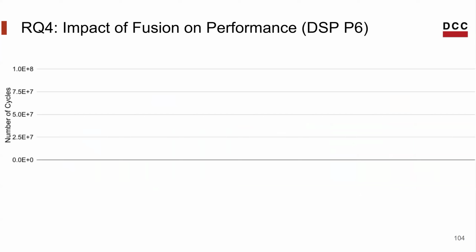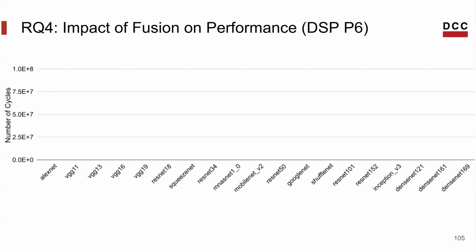About research question 4, we measured the impact of the fusion in DSP. DSP means digital signal processor. It is a microprocessor chip. In this case, we have P6, a DSP from Cadence, which is aimed at visual processing.